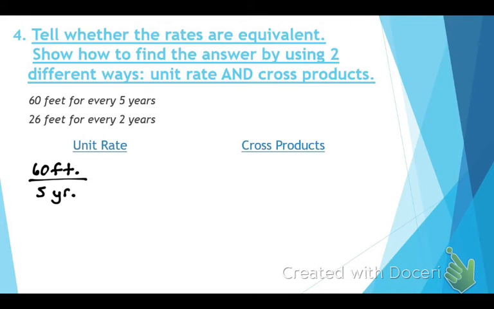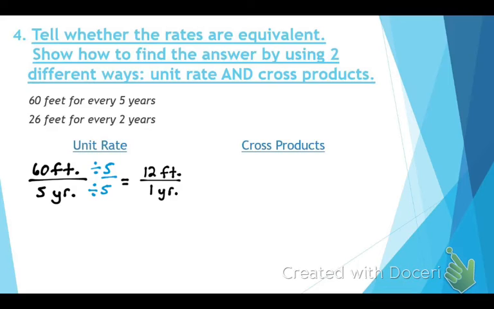Gerard, how would I find that out? Very good. When you divide by 5 on the top and the bottom, Gerard, what do you get? 12 what per year? Okay, so the first one we found out, it's growing every year 12 feet.